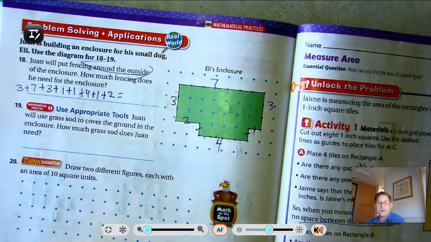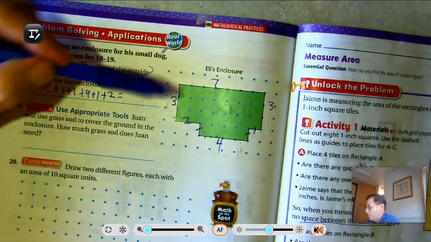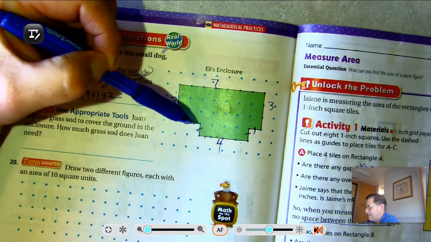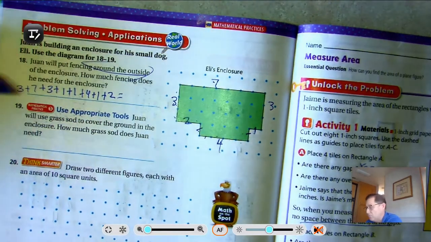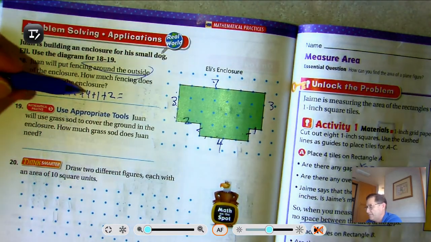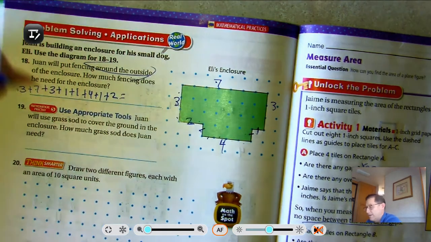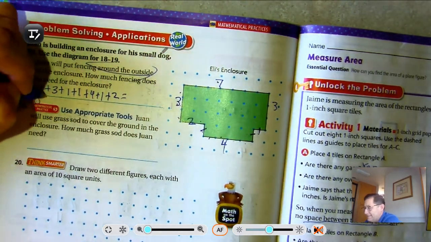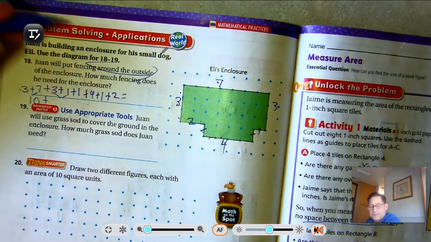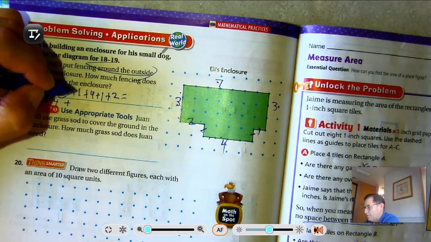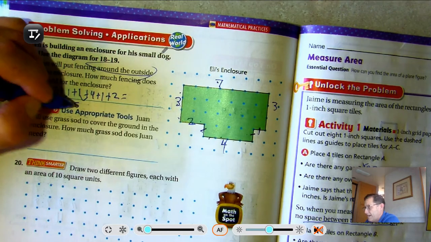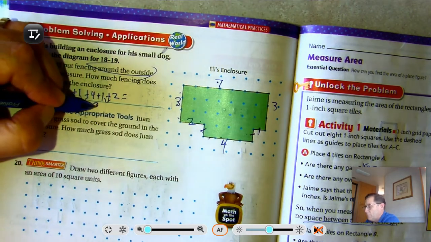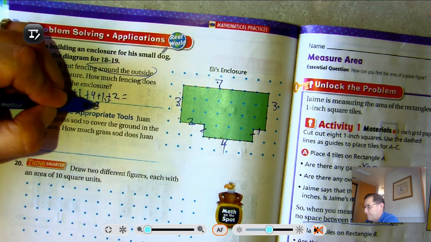Okay, so let's see, make sure we have the right amount of numbers. 1, 2, 3, 4, 5, 6, 7, 8 sides. 1, 2, 3, 4, 5, 6, 7, 8 numbers. All right, so let's simplify these. 3 plus 7, 10. 3 plus 1, 4. 4 plus 1, 5. 1 plus 3, 1 plus 2, 3.